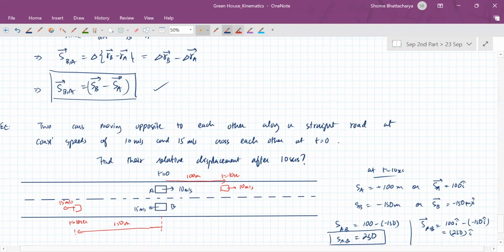Ultimately the conclusion you can see here is that in proper vector notation, S of A with respect to B is plus 250 i cap, and displacement of B with respect to A is minus 250 i cap. So the magnitude is 250.